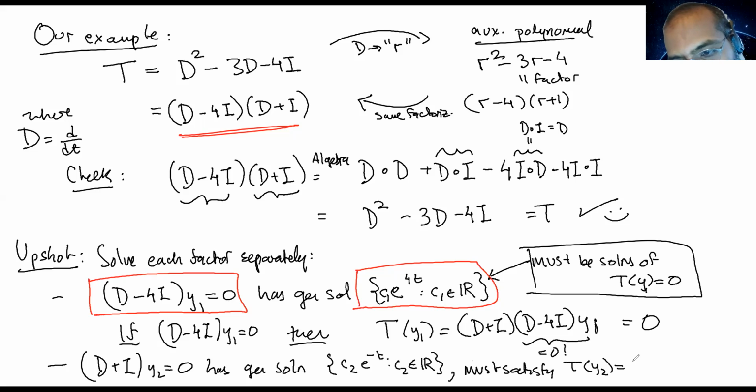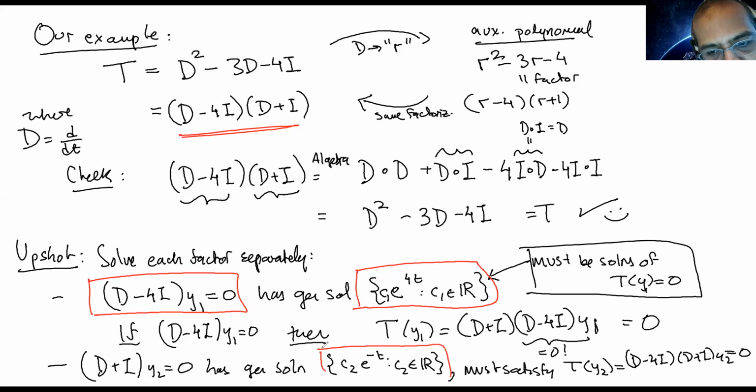Now I'm going to write it in the other order: (d minus 4I)(d plus I) y2 equals 0. So that's kind of great, right? By just doing first order ODE, I was able to get two subspaces of solutions to my second order ODE.